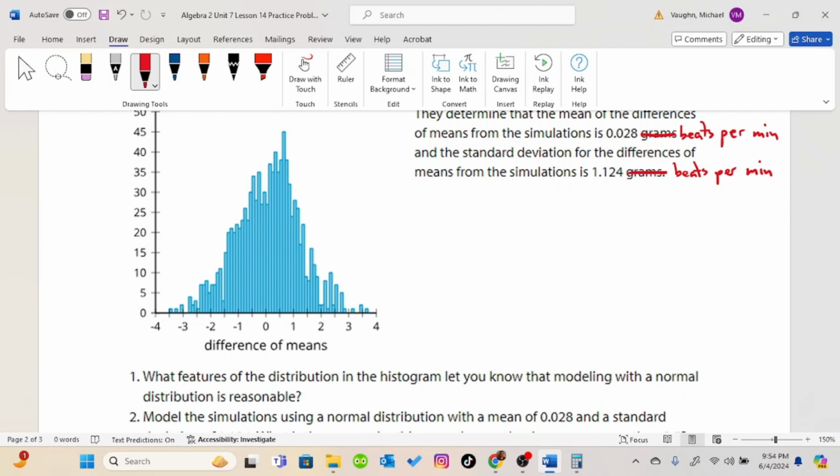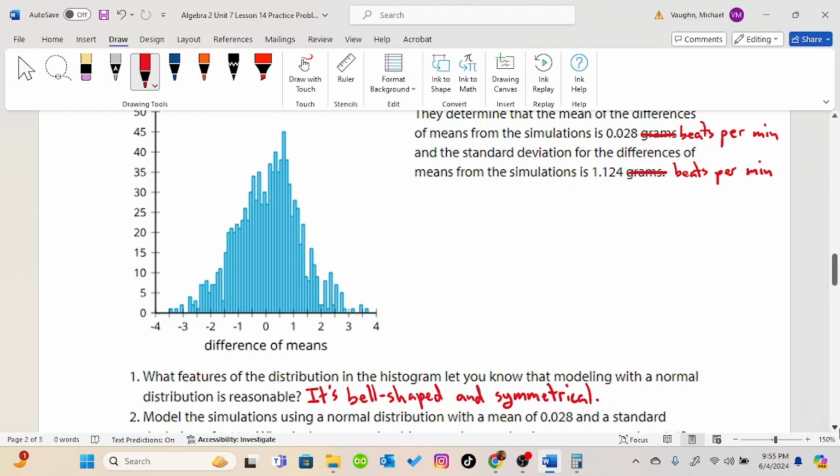And that is it's bell-shaped, and symmetrical. Remember that if it does not meet these two features, then you cannot use a normal distribution curve.